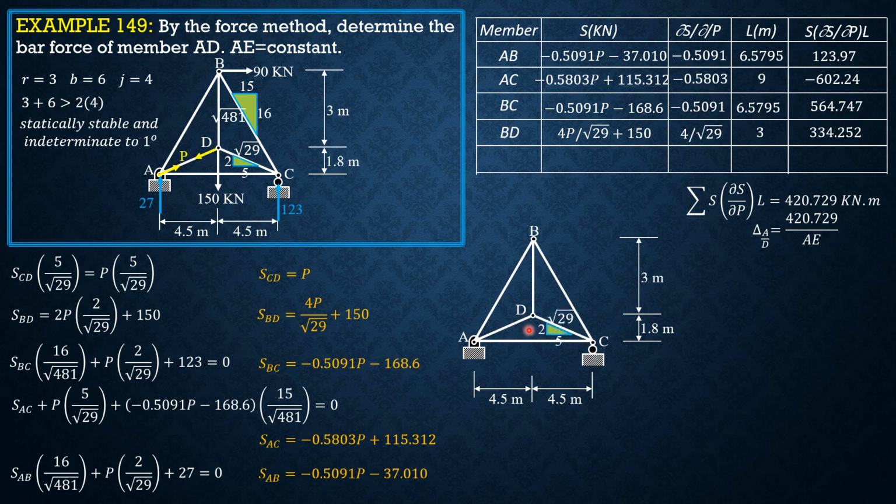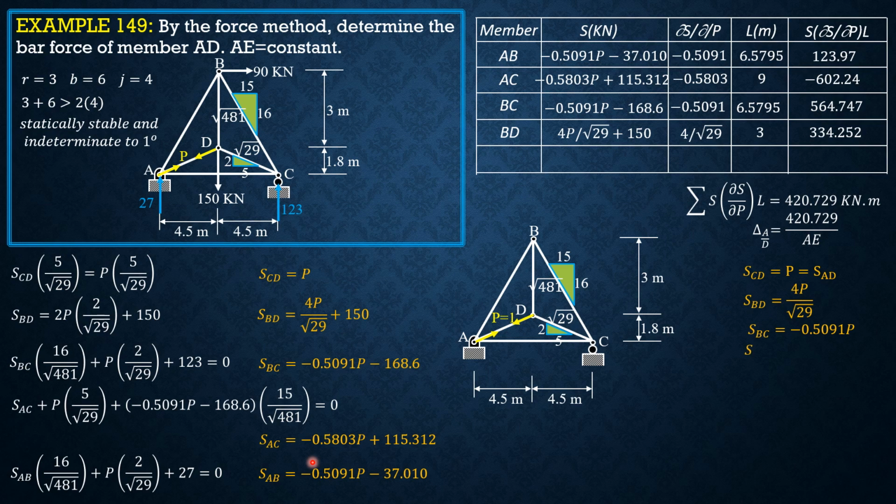So AD, we remove the loads, same slope, and P is 1 this time. Therefore, SCD is equal to P also. Then SBD would be just 4P over square root of 29. There's no more 150. Then SBC is negative 0.5091P.